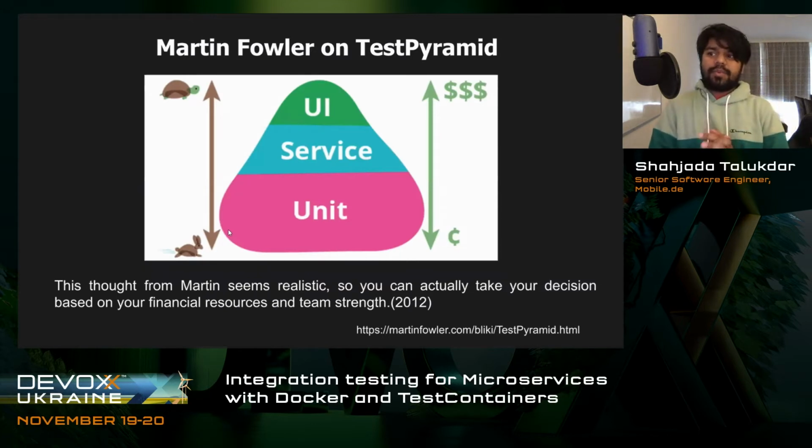But that pyramid has been there from long ago, and in the technology world, a few years is a very big time, I would say. Martin Fowler also said on his blog that there should be a combination based on team size or budget, and then we should decide which should be the preferred way in our testing strategy.